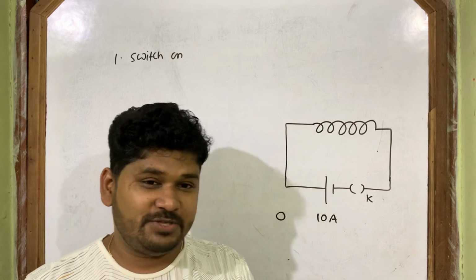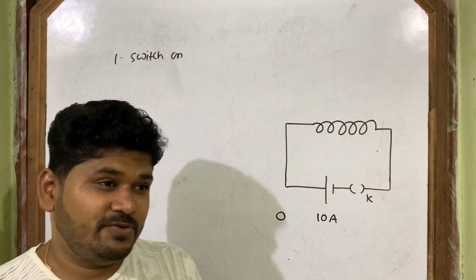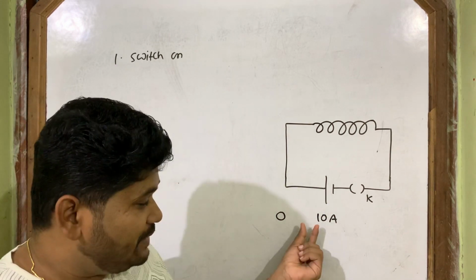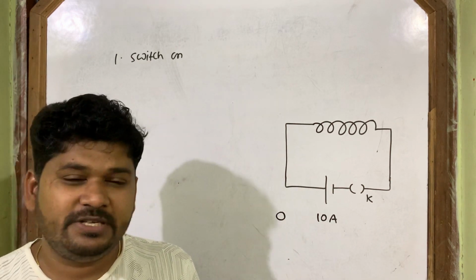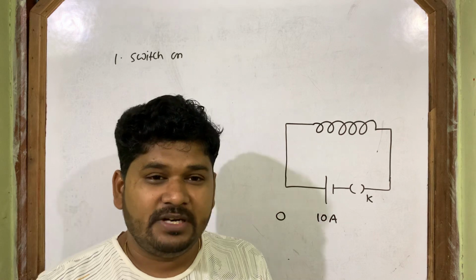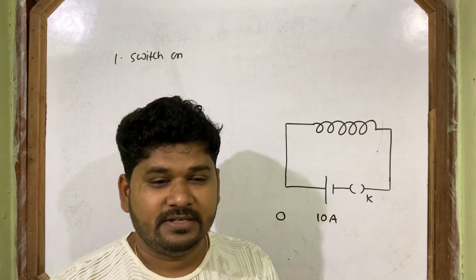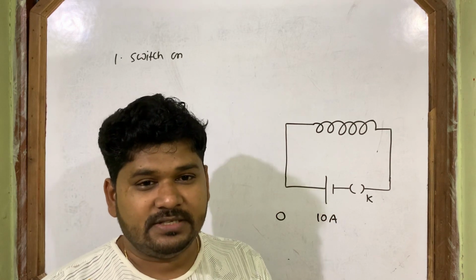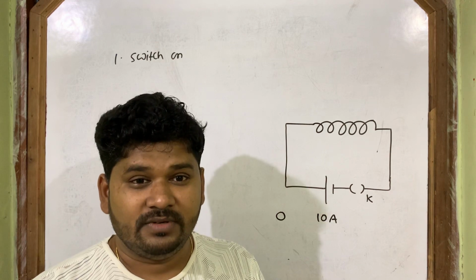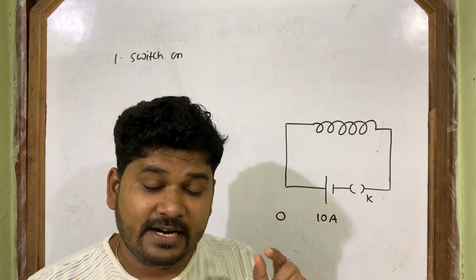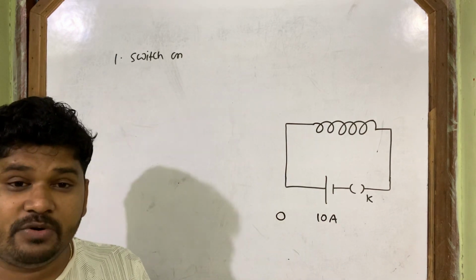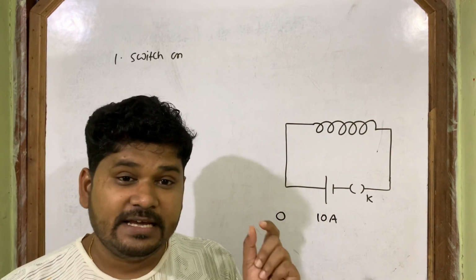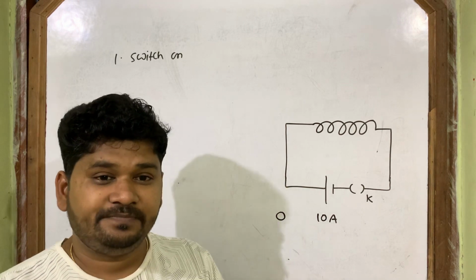Then you may ask, sir, how much time will it take? It will take a very small time, some nanoseconds. Sir, why are you thinking about that? We'll discuss that small interval of time, which may be a nanosecond, but we'll discuss what physics is behind it.